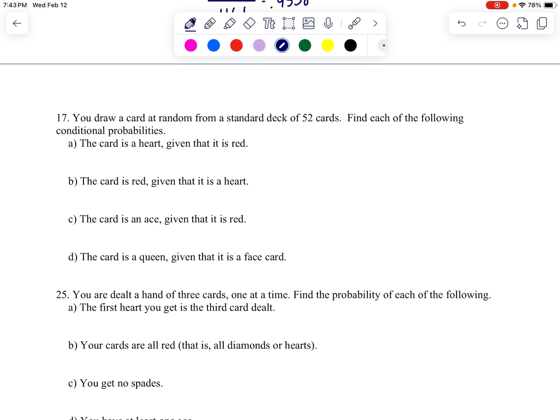Interesting. Oh, I changed it. Okay. Sorry, I was looking at my notes versus looking at this, and they're different, so that's where my pause is coming from. You draw a card at random from a standard deck of 52 cards. Find each of the following conditional probabilities.